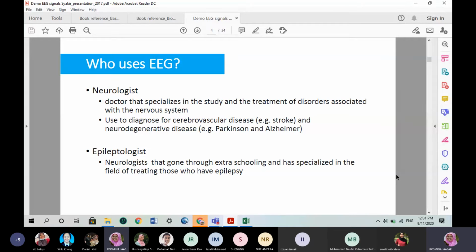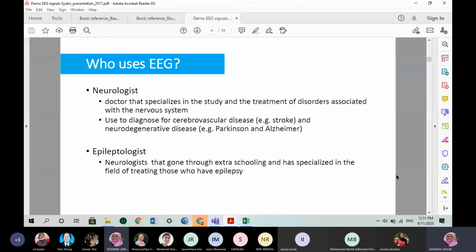They use the EEG to diagnose cerebrovascular disease, meaning that cerebral is the brain, and the spreading of the blood circulation within the cerebral, such as illness due to stroke. So the distribution of blood circulation in the cerebral circulation is disturbed.